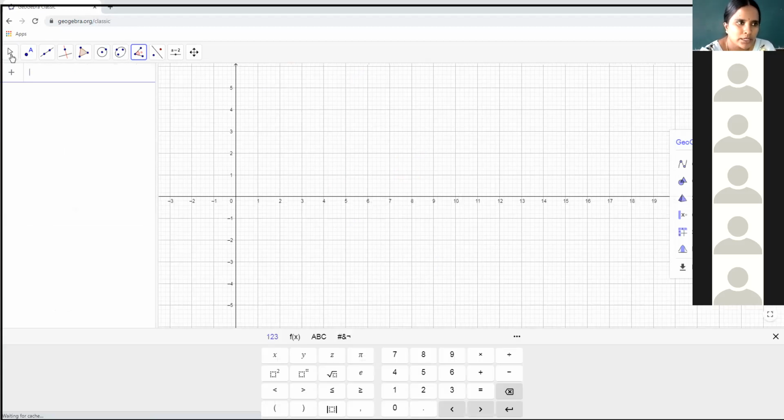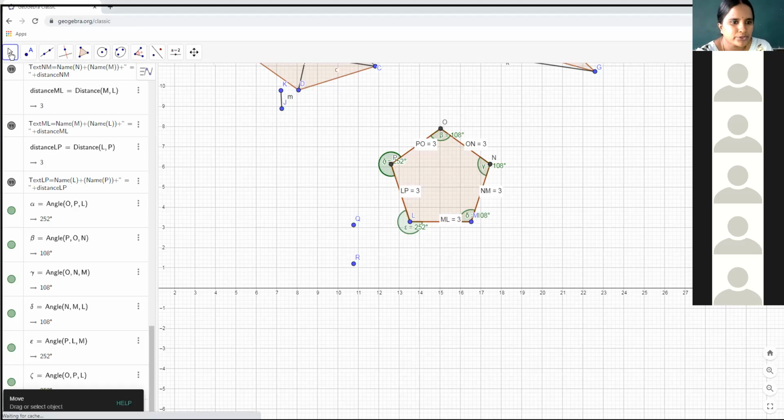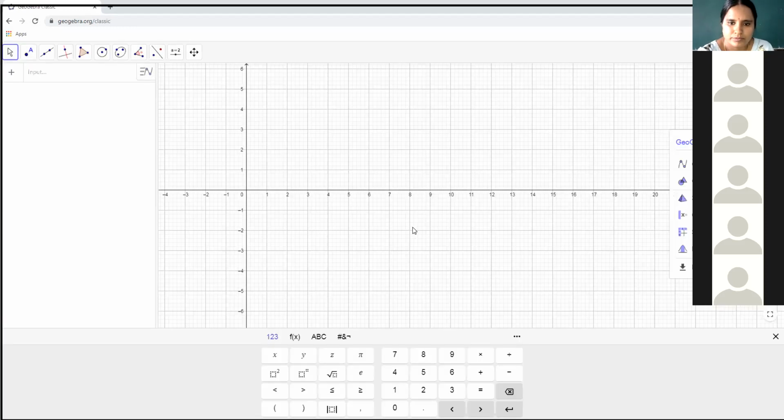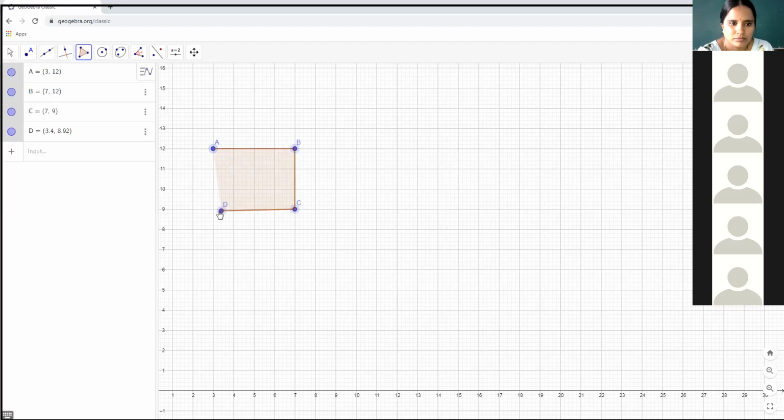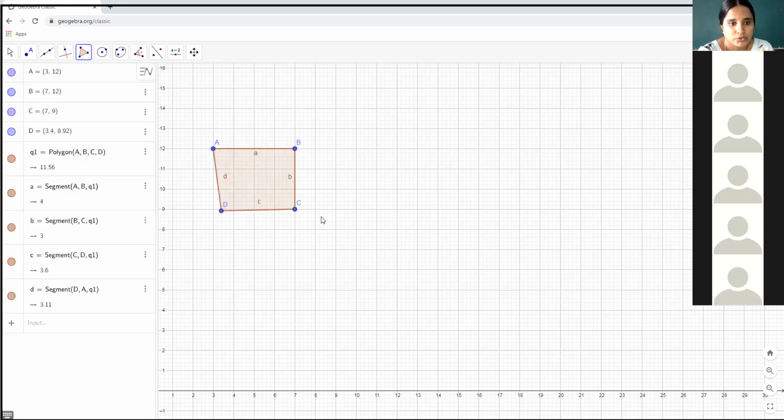So now, as usual, I'm going to draw a quadrilateral. So here is a quadrilateral.